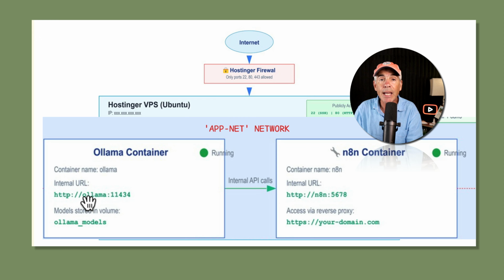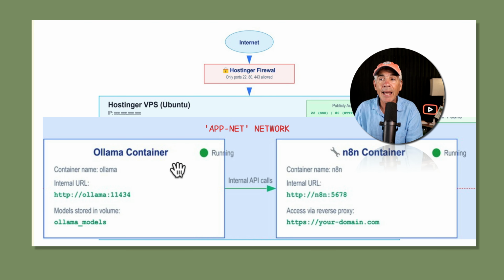You can think of the internal URL as the phone number for the Docker container. So if n8n wants to talk to Ollama, n8n is just going to call up their internal URL. Before n8n joined the AppNet network, if n8n tried to call Ollama, it would not be able to get through.